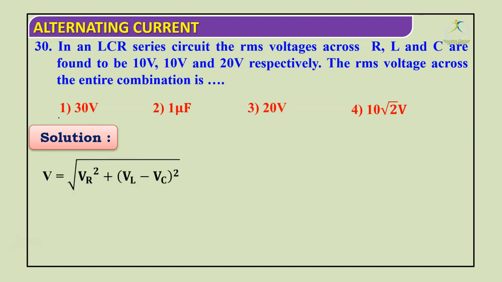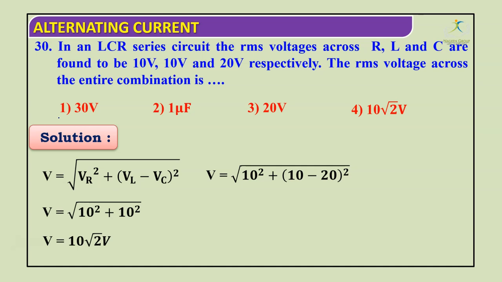Now let's see the solution part. The voltage of the combination is under root of VR square plus (VL minus VC) whole square. So V is equal to under root of 10 square plus (10 minus 20) whole square. That comes to the result 10 root 2 volt. According to that, the fourth option is the correct answer.